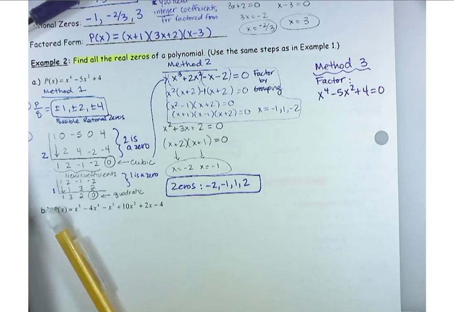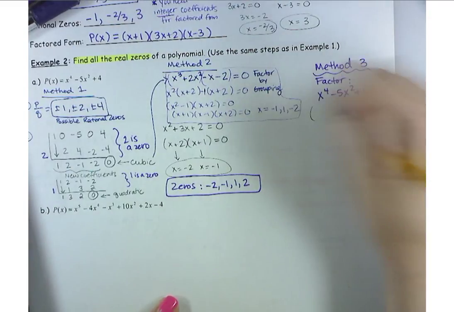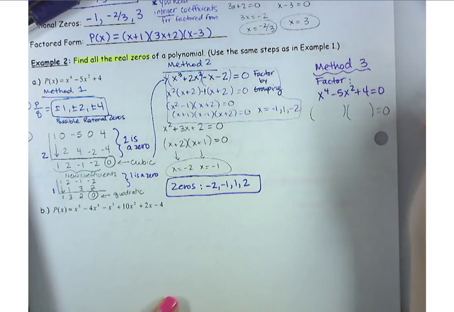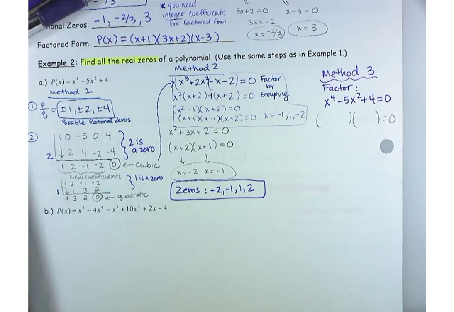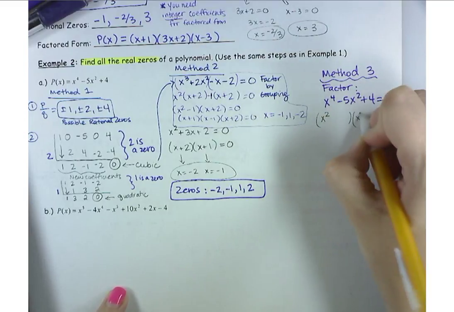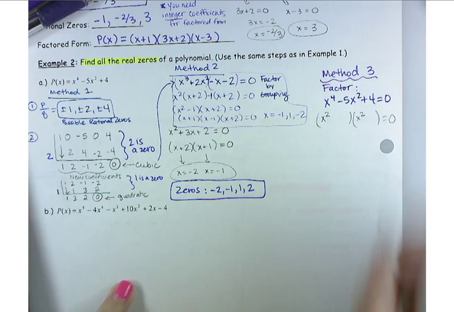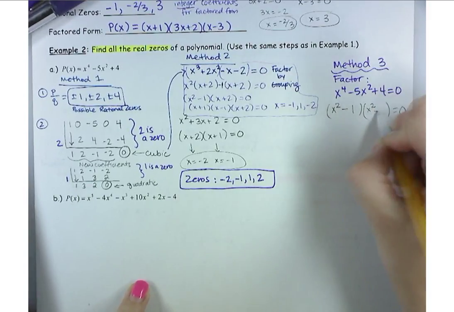Okay, and again, if you recognize that right away, you could absolutely do that. Okay, so x to the 4th, what times what is going to make x to the 4th? X squared. So this would be x squared and x squared. And then what's going to multiply to 4 but add to negative 5? Yep, negative 1 and negative 4.